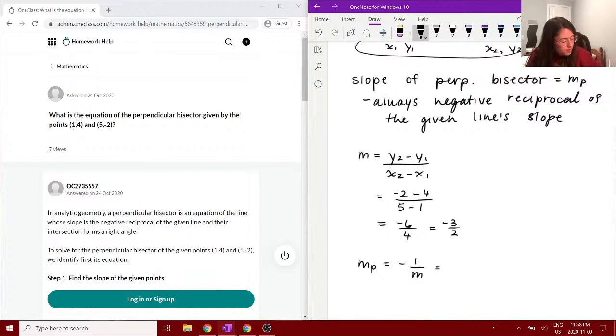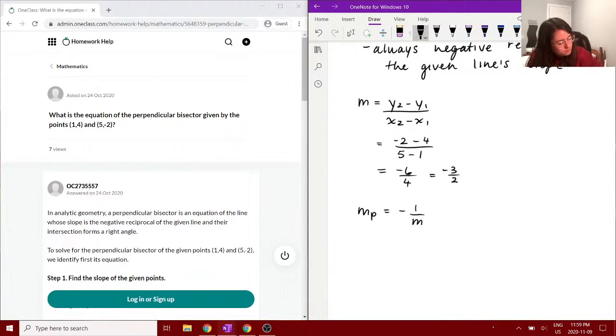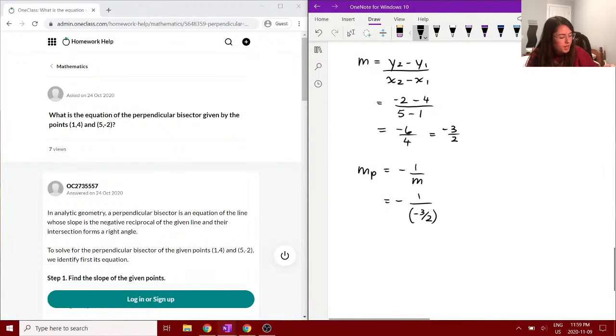So that is negative 1 over m, and m is negative 3 over 2, okay? So we have two negative signs here, this one and this one, which just cancel out.